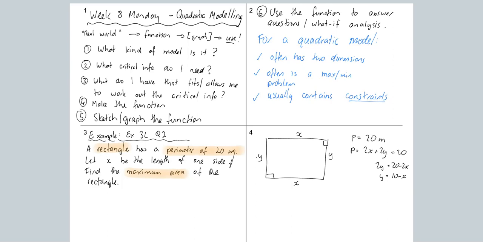So now I can replace the y with 10 minus x, like so. I've now got a rectangle which is purely described in terms of x, which is kind of where I want to go. Now, I said you could do this by eye rather than by calculation, and all I mean by that is have a look at that. We've got a perimeter of 20 meters.